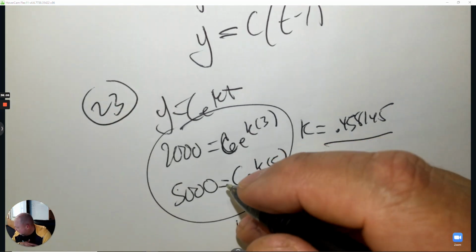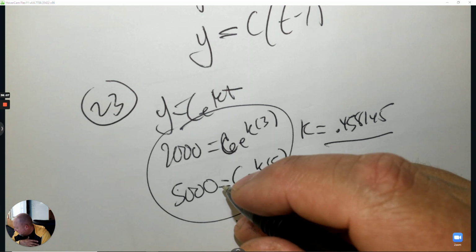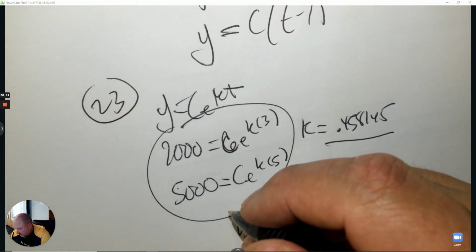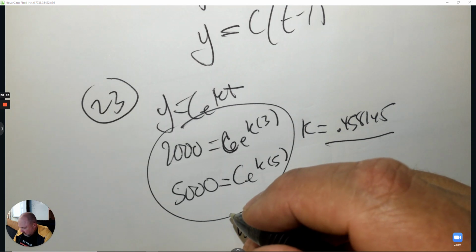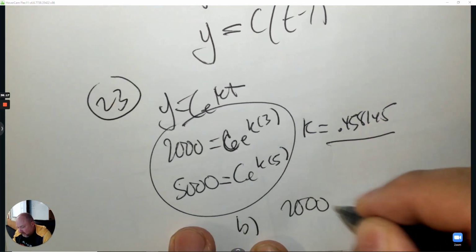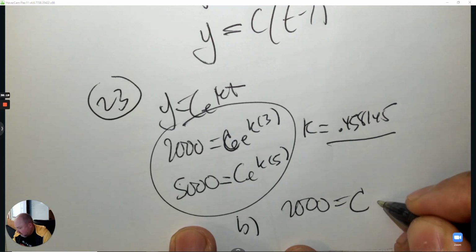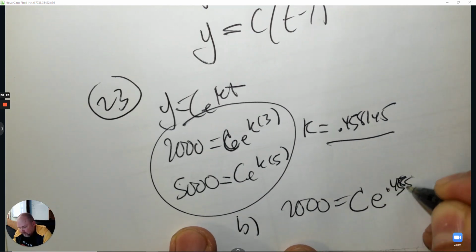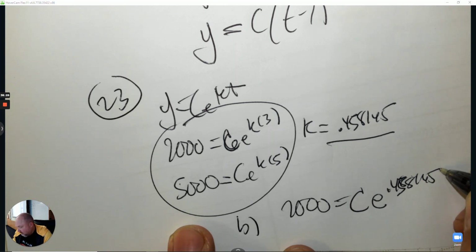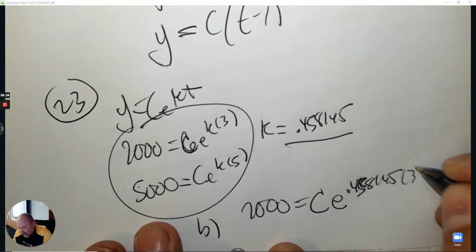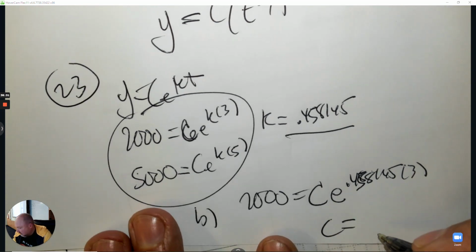Part B, the number of bacteria originally in there. So we have 2,000 equaling C, E to this growth rate. After 3. And then solve for C with your calculator.